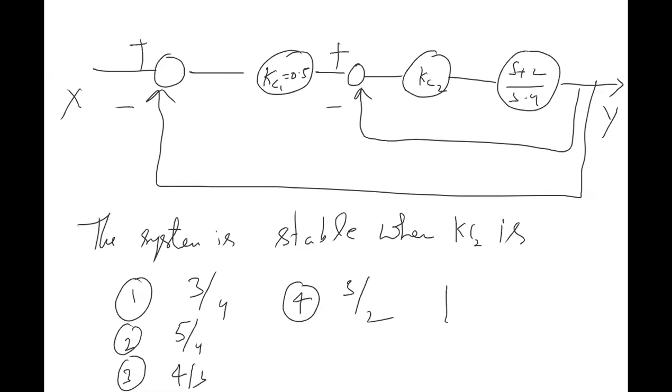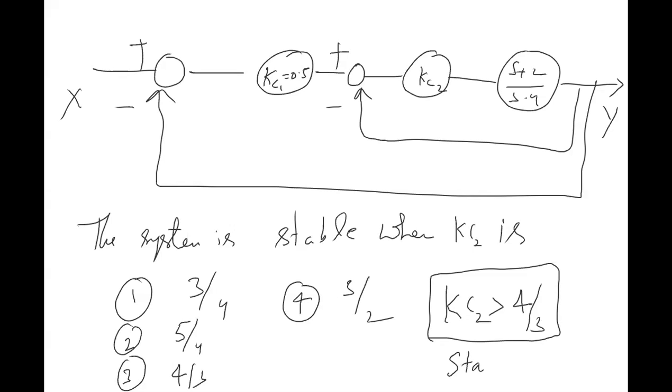See, here the catch is Kc2 greater than 4 by 3 is stable. So immediately we'll tend to answer this question as 4 by 3, but the answer is not 4 by 3. The answer is whatever value which is greater than 4 by 3.